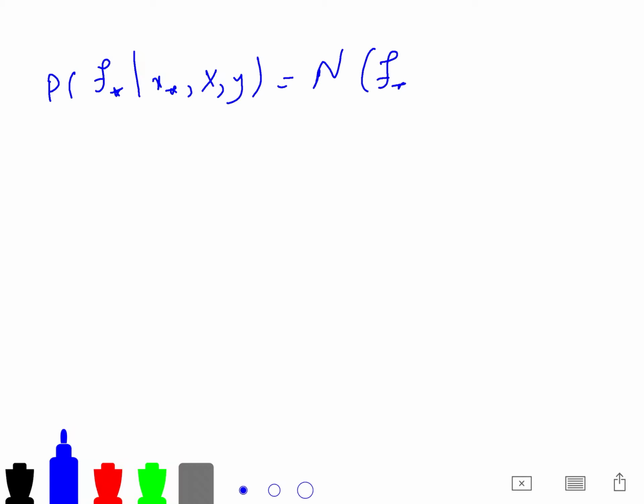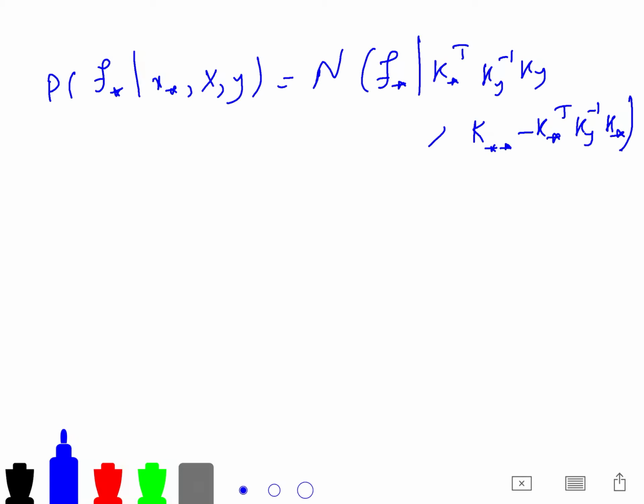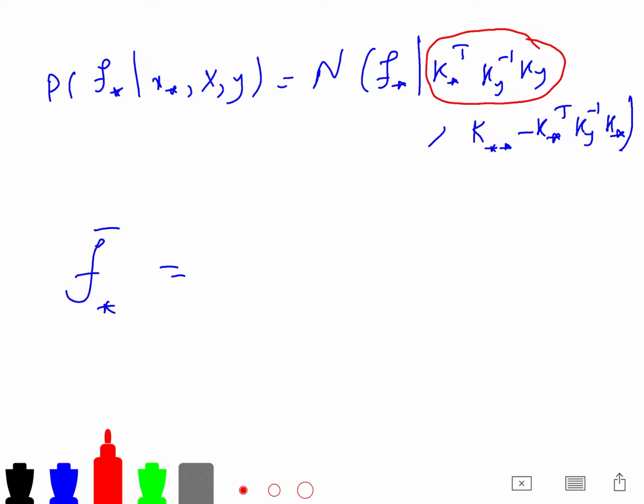So we have f star with mean K star transpose K_y inverse y, and the covariance is just k star star minus K star transpose K_y inverse K star. And the posterior mean, which is f star bar: what is the mean of that? It is K star transpose K_y inverse y.